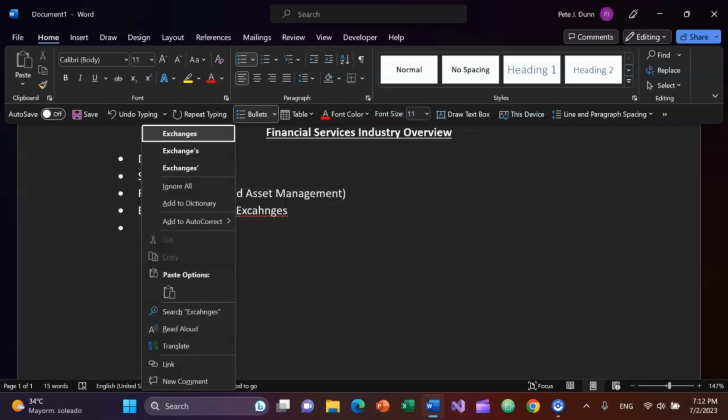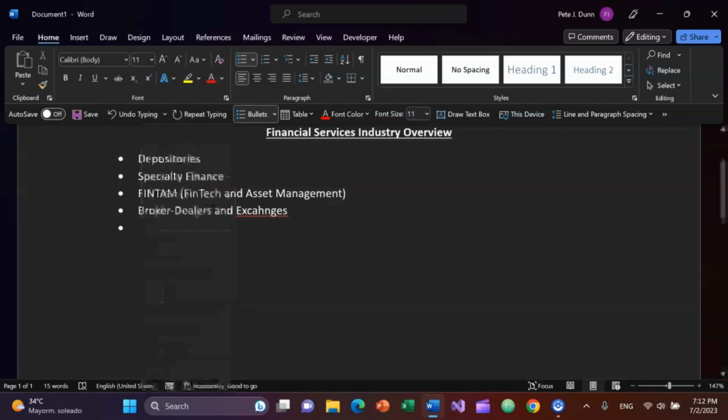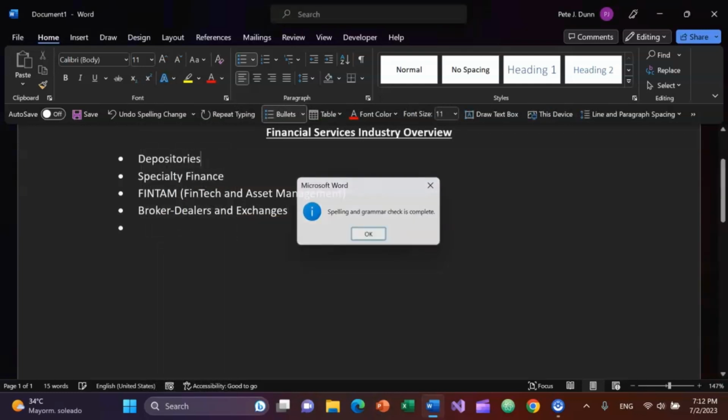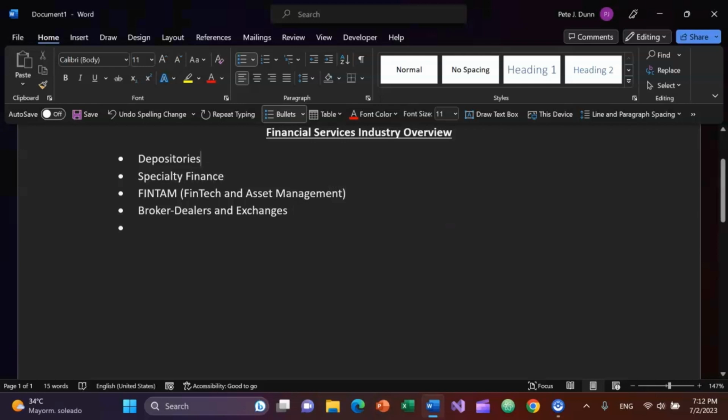And let's do function menu key to fix that error. And spell check, things are looking good.